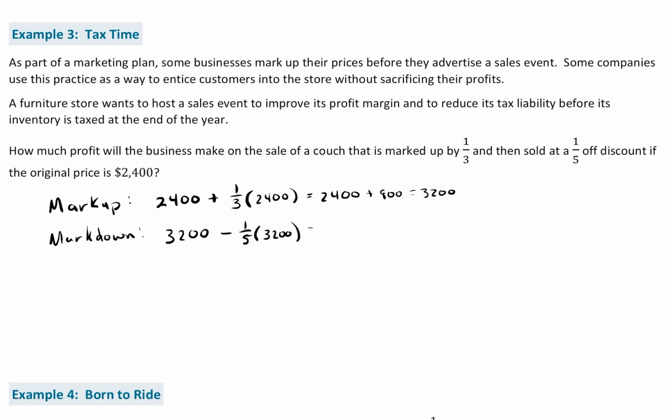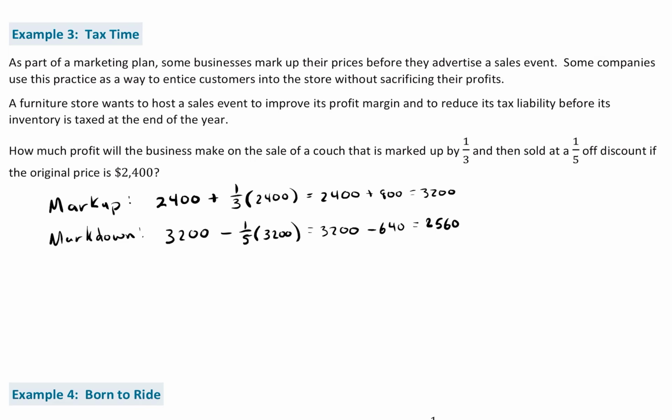So here we go. We have 3,200 minus 1/5 of 3,200, which is 640. And when we subtract those two numbers, we end up with $2,560.